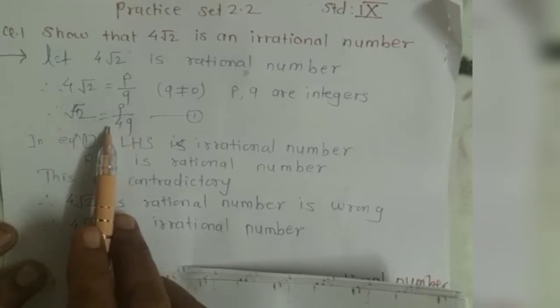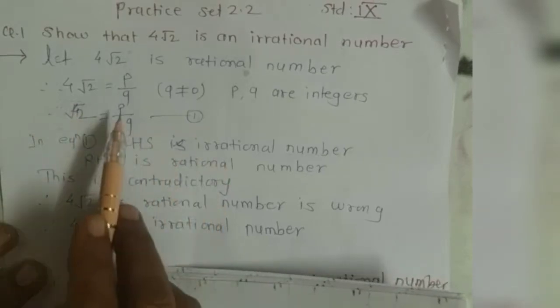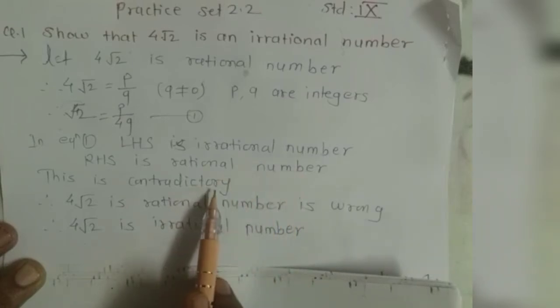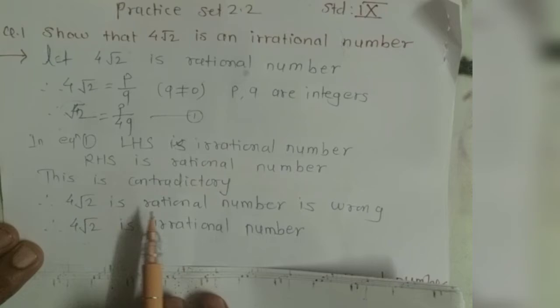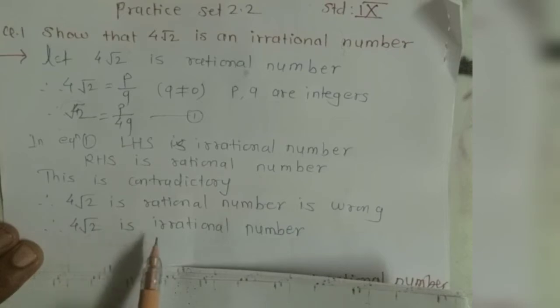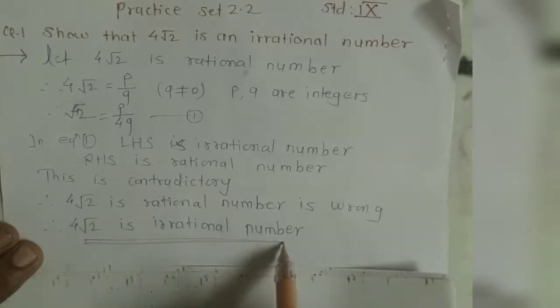In this equation, the left side is an irrational number and the right side is a rational number, and this is contradictory, meaning not possible. Therefore our assumption, that 4 root 2 is a rational number, is wrong, and therefore 4 root 2 is an irrational number, and that is our proof.